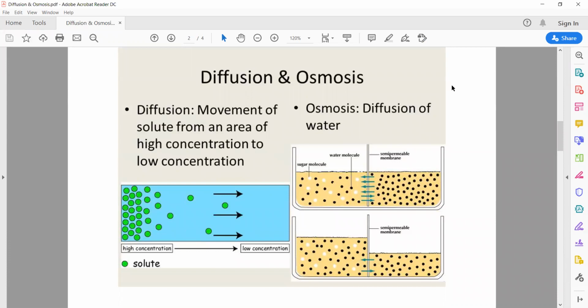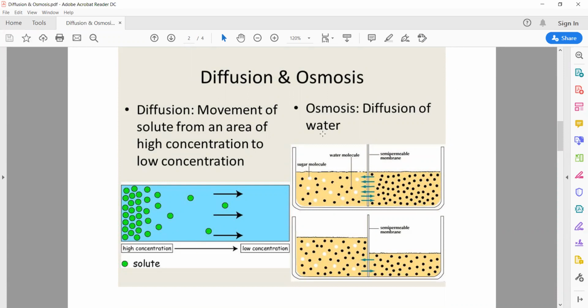So diffusion and osmosis, what's the difference? So again, diffusion is the movement of solute or particles. Osmosis is the same thing except it's the movement of water. So again, diffusion is the movement of solutes from an area of high concentration to an area of lower concentration.